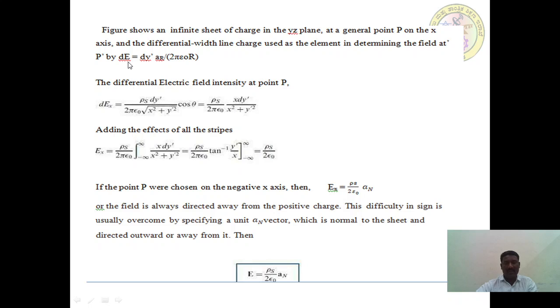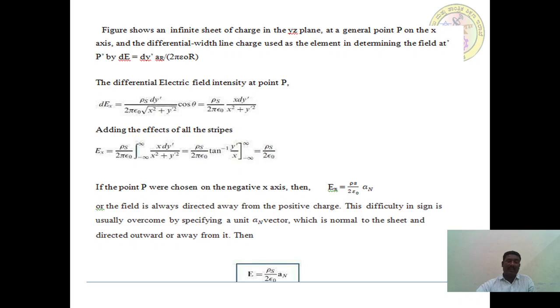That is, dE is equal to rho l dy dash into aR divided by 2 pi epsilon naught R. You can say dEx, because dEx indicates that only the x component exists, in the x direction. dEx is equal to rho l divided by 2 pi epsilon naught R into cos theta.